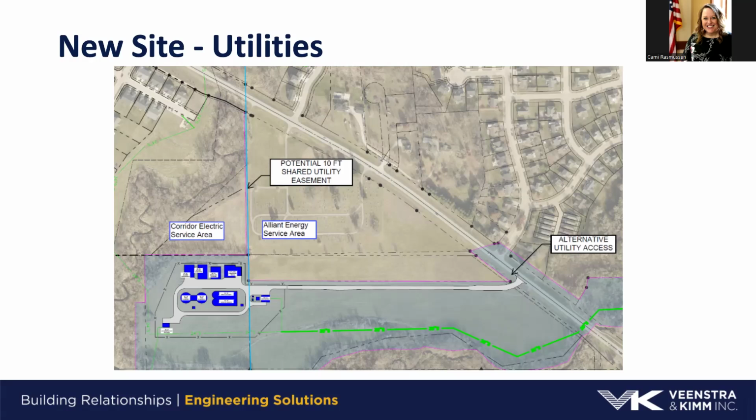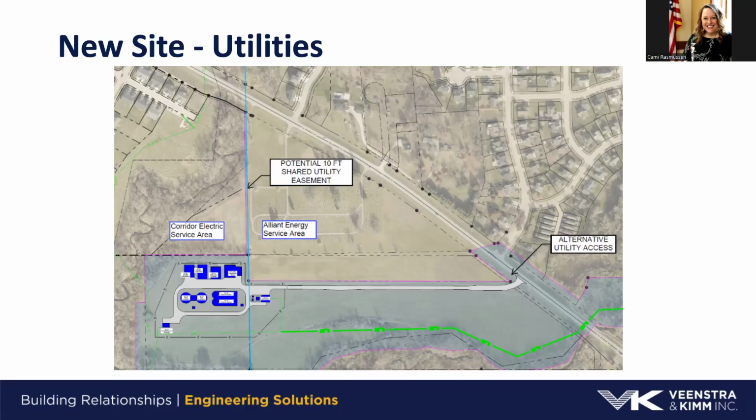So, we've been discussing that with Watts, is that correct? So there is some potential there. But if not, we can use the access off of 382. So it's not like we can't proceed with the project. There's just additional costs if we have to come that route.